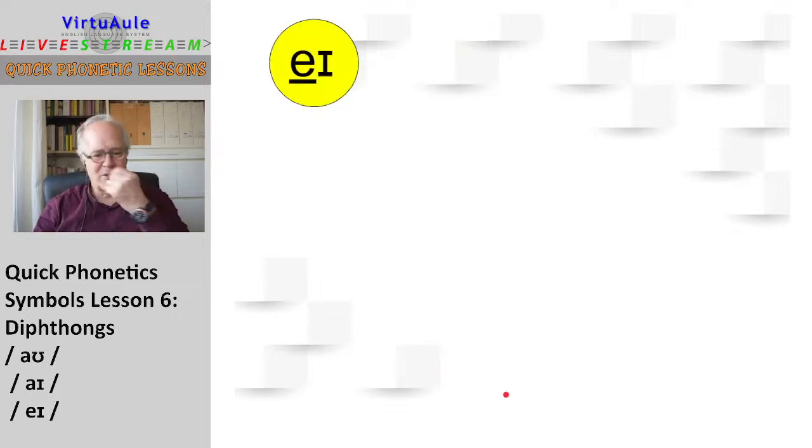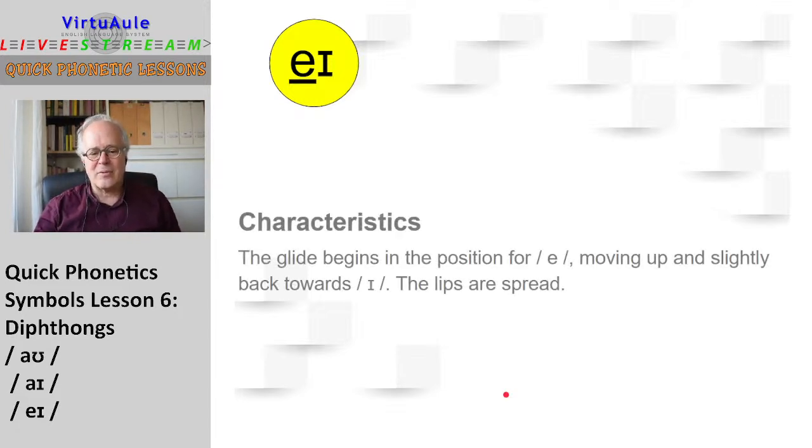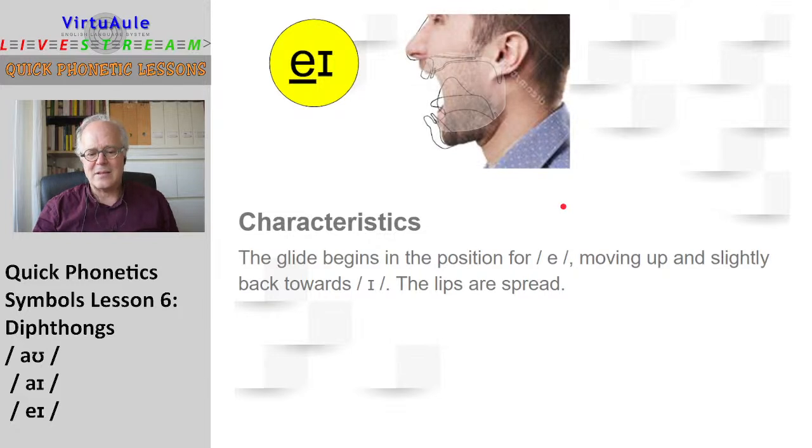All right, let's look at these diphthongs a little bit closer. It's called a glide, and it begins in the position for an sound, and then it moves up and slightly back towards the I sound.